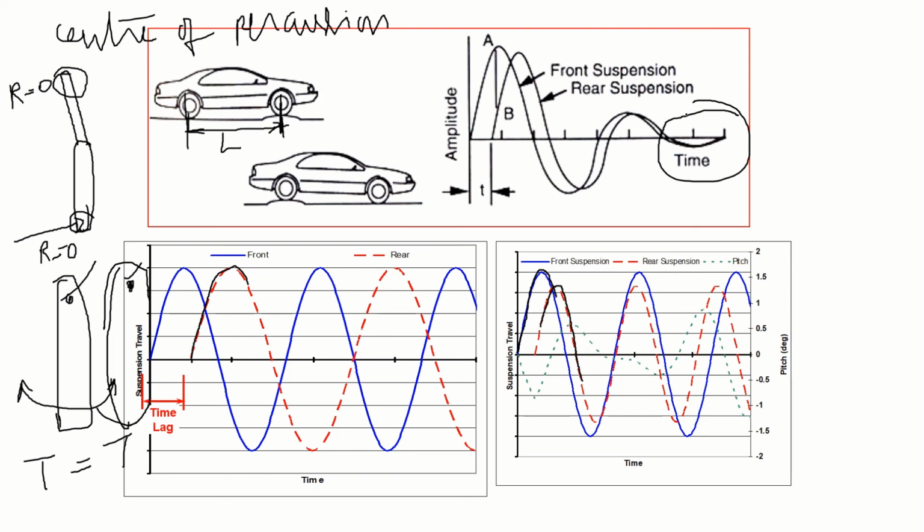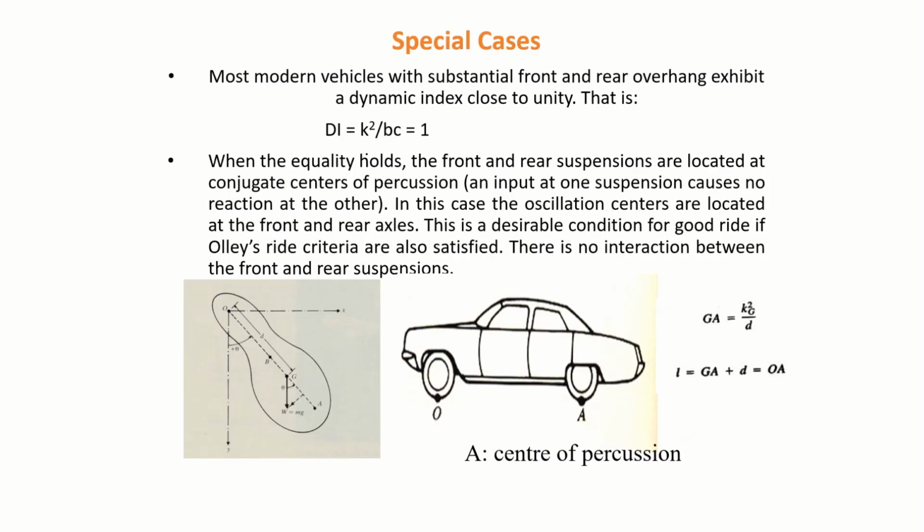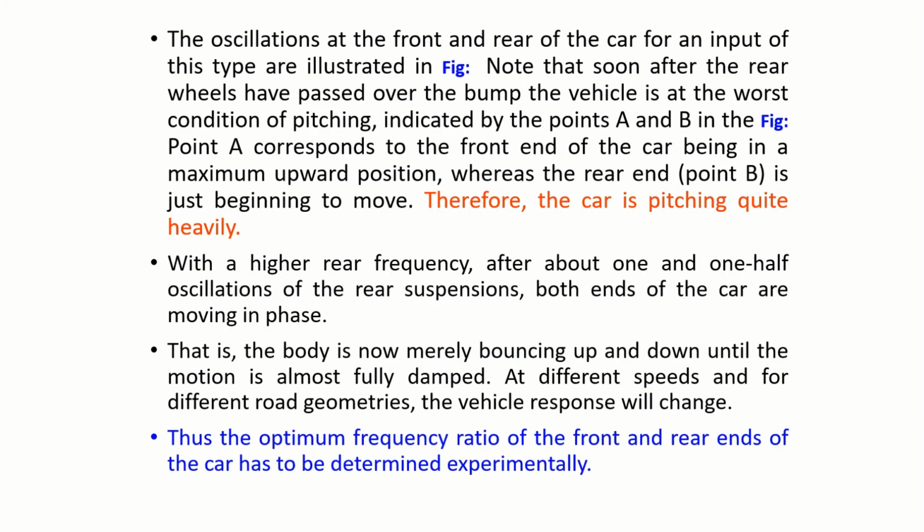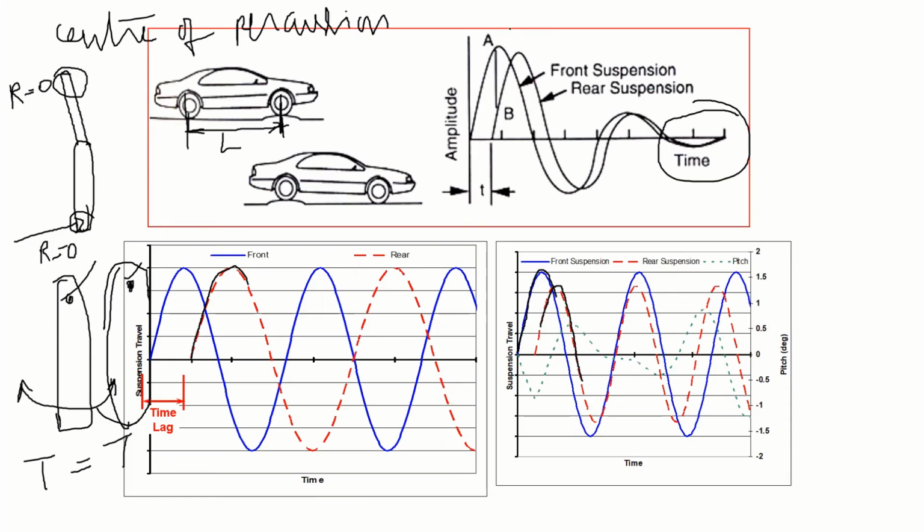This can be achieved only if DI equals k squared by bc equals 1. This is what we call the dynamic index, which should be close to unity. Otherwise it will set into too much pitching.